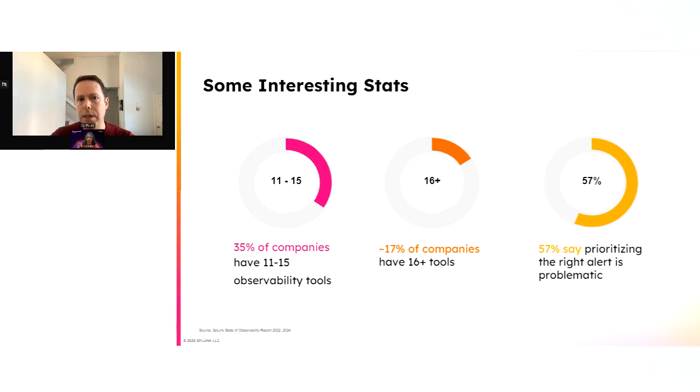And what we found is that 35% of companies have between 11 to 15 different observability or monitoring tools, and about 17% of companies have over 16 tools. That's a lot of tools to do context switching with, and because of all those tools and the alerts that they generate, 57% of the respondents say that prioritizing the right alert is problematic for them.